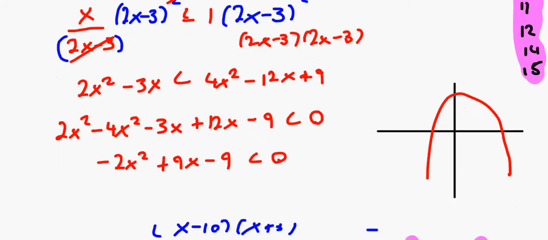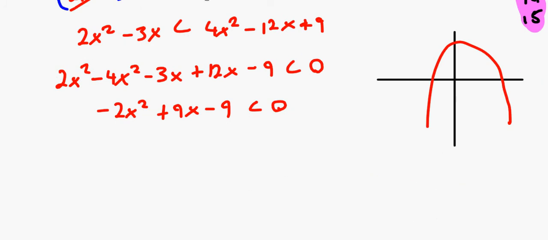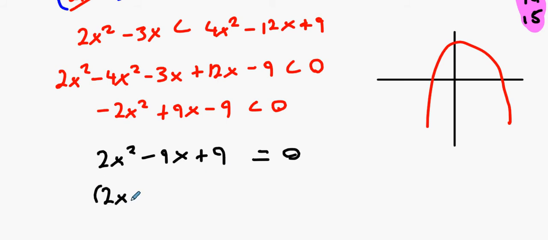I'll do it your way. Multiply both sides by minus, but remember, you're just solving it, so you're not affecting whether it's U-shaped or N-shaped, alright? You're just solving it. So it's going to be 2x squared minus 9x plus 9. Everybody cool with that? 2x and x.